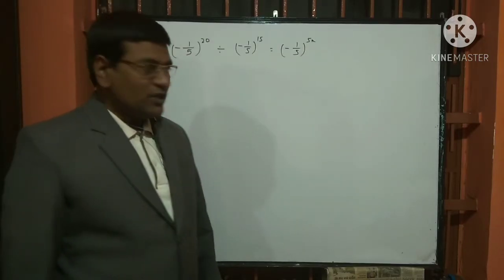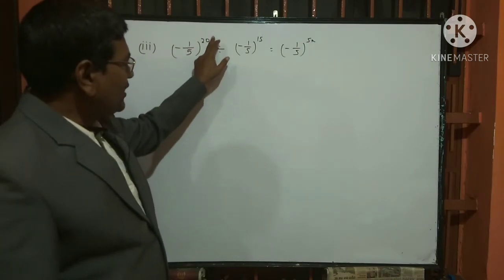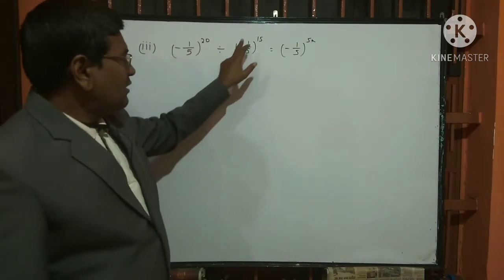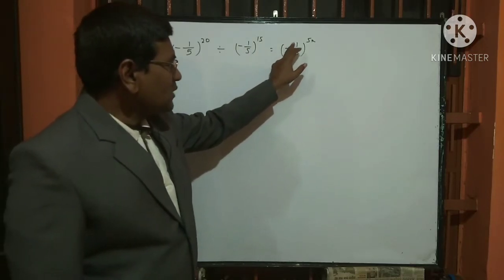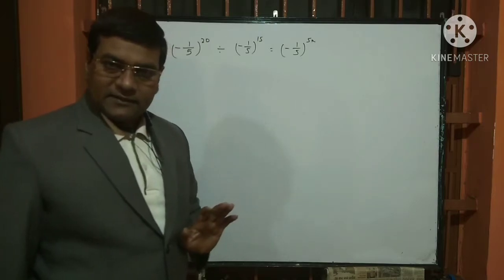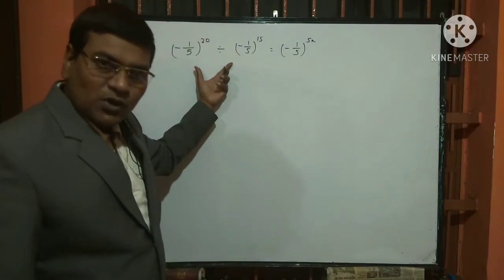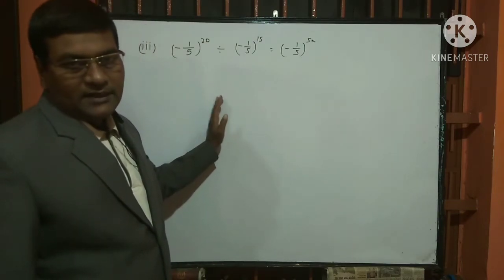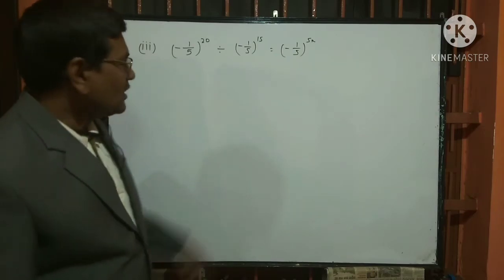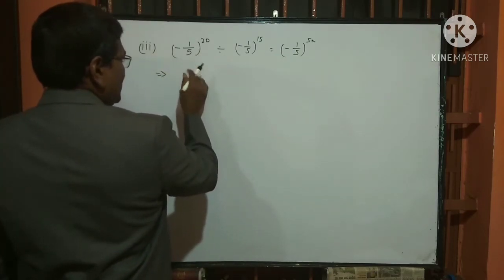Question number 3. (-1/5) to the power 20 divided by (-1/5) to the power 15 equals (-1/5) to the power 5x. Again, in the left hand side, first of all we have to solve so that there is one base, -1/5.